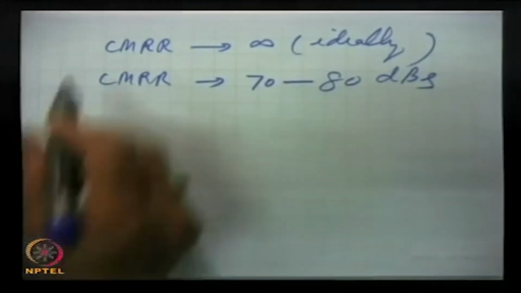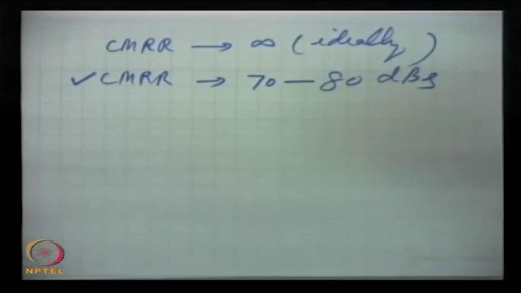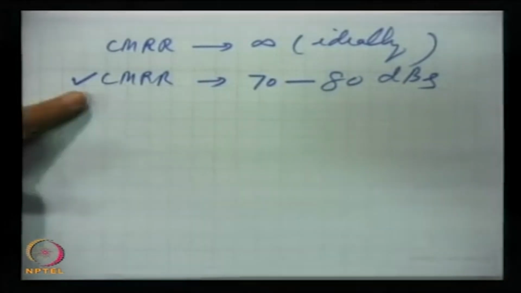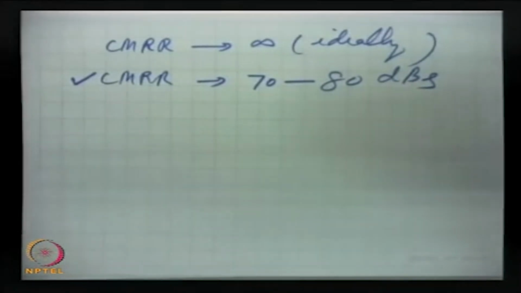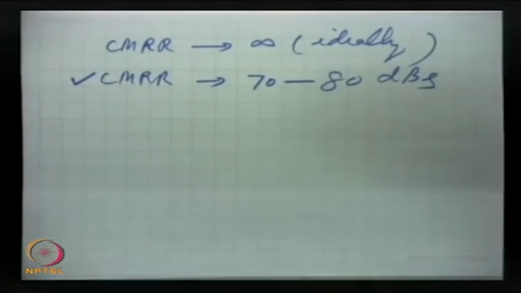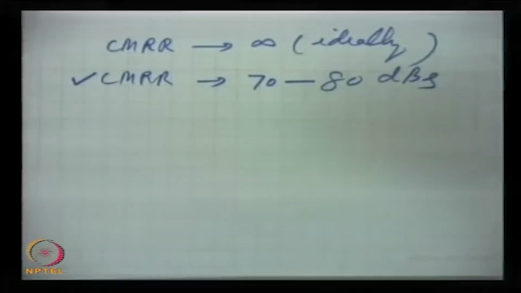The higher the CMRR, the better it is, and practically this goes up to 80, 85, 90 dBs, which is a very high value. So, this way we are done with the differential amplifier.